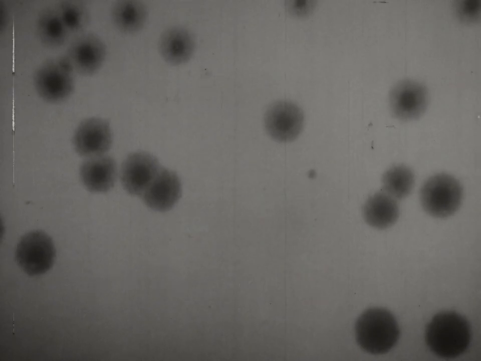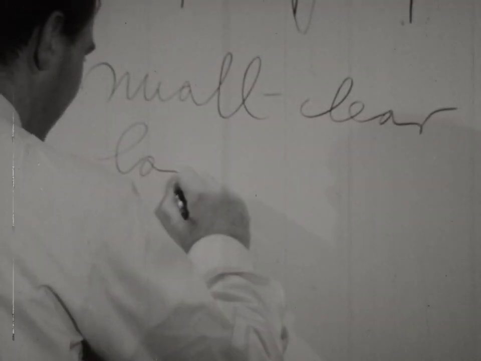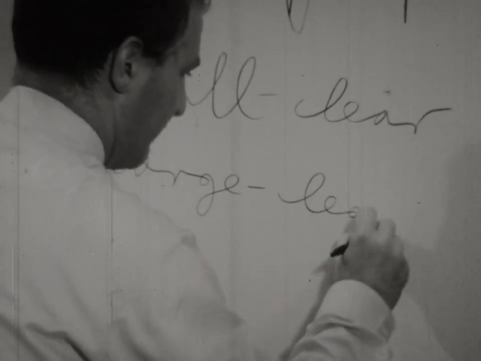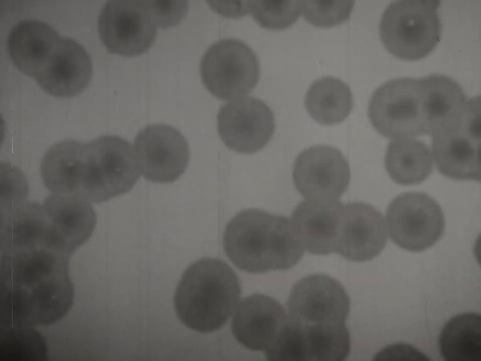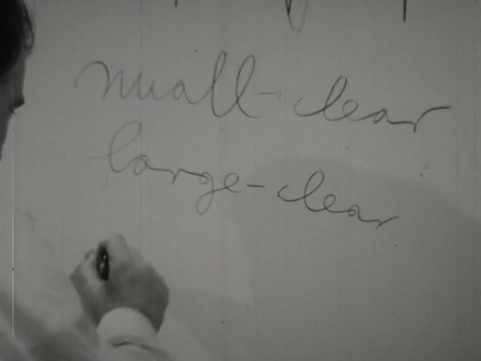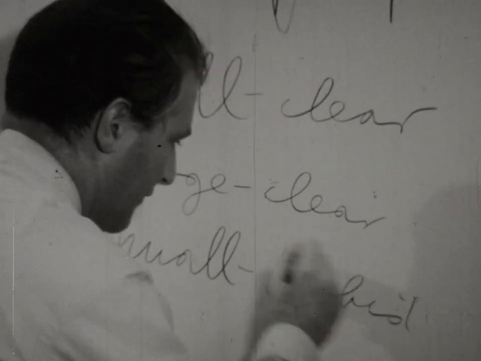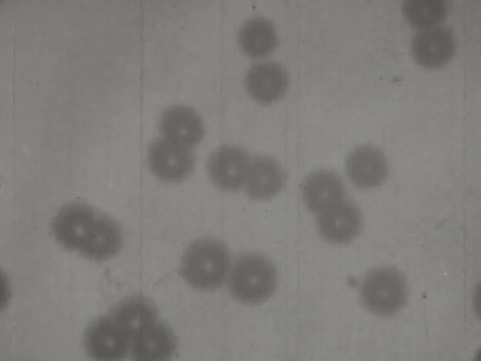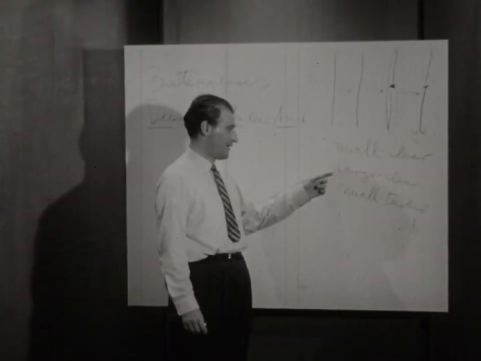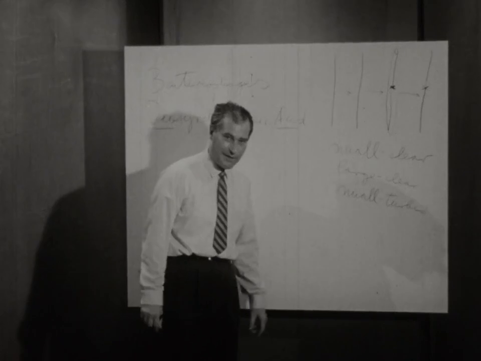And then we isolated the first mutant, which, as you recall, was large and clear. And then we isolated the second mutant, which, you remember, was small but turbid. So that we are now in the possession of three hereditarily different virus types: the small clear type, the large clear type, and the small turbid type.